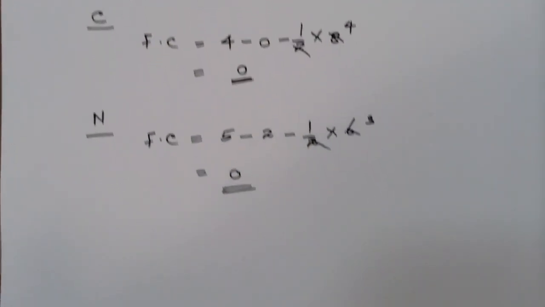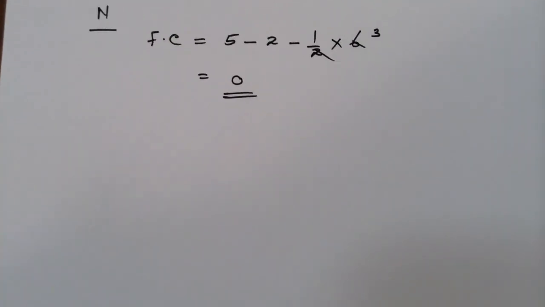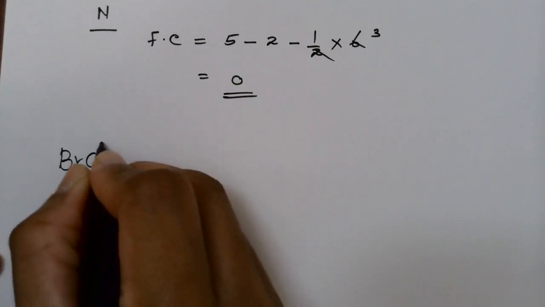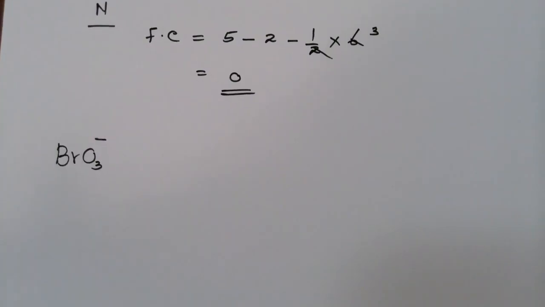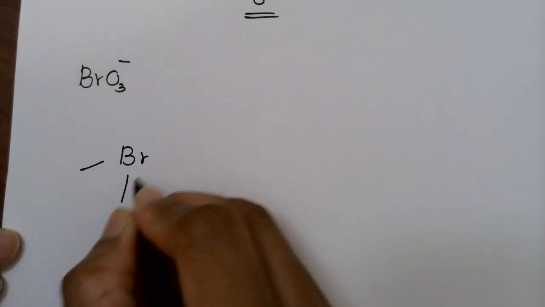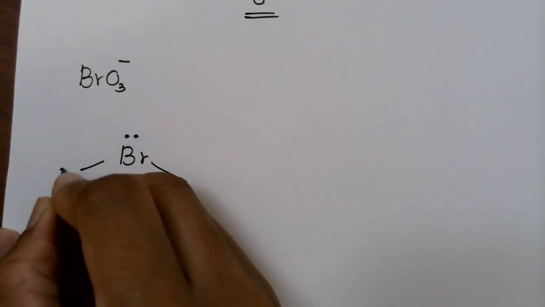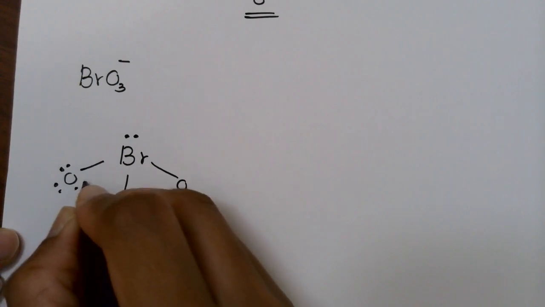Let's try another one. So next one I'm going to select bromate, BrO3 1 minus. So let's draw bromate with 3 single bonded oxygens, and there should be a lone pair to give an octet to the bromine.